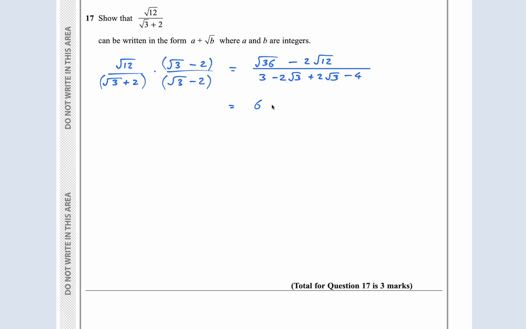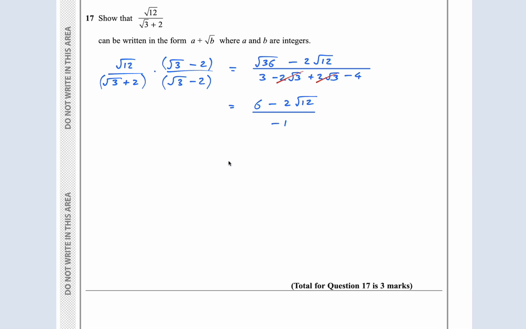And this is equal to 2 root 12. And this is all over... oh yeah, sorry, these two cancel, guys, which is why we multiply by the conjugate, and we're left with 3 minus 4, which is minus 1.